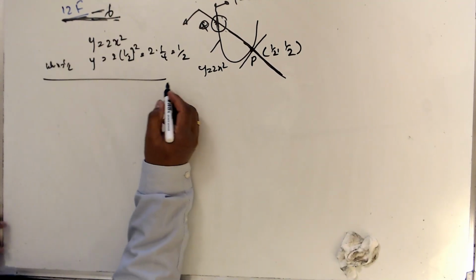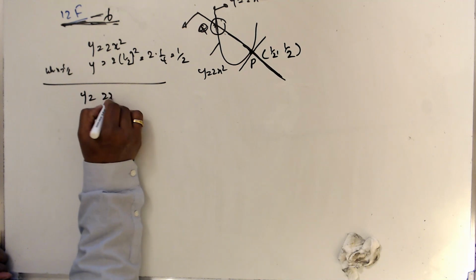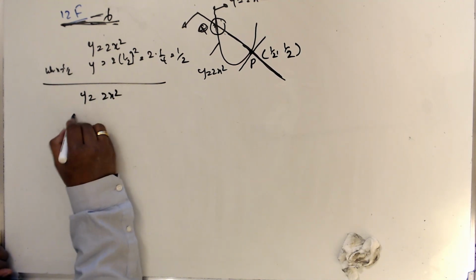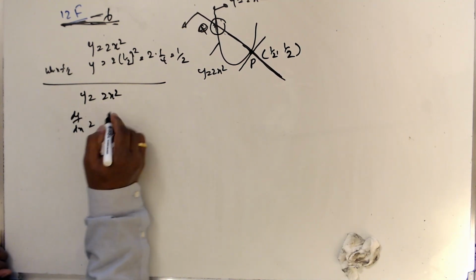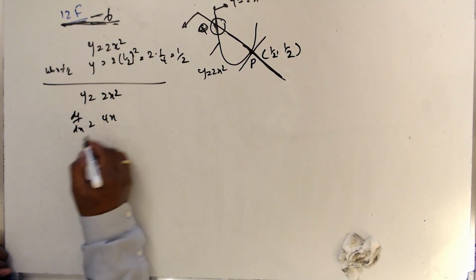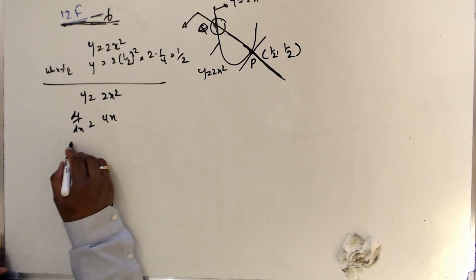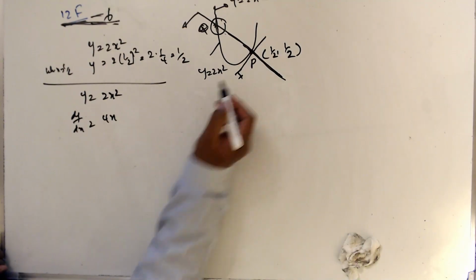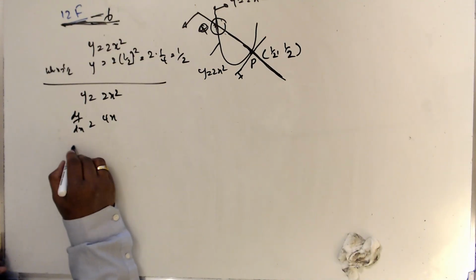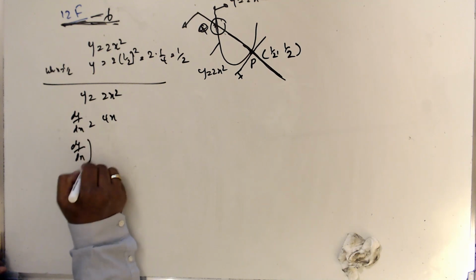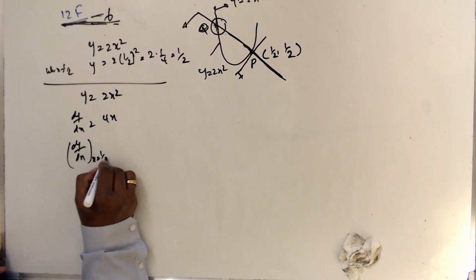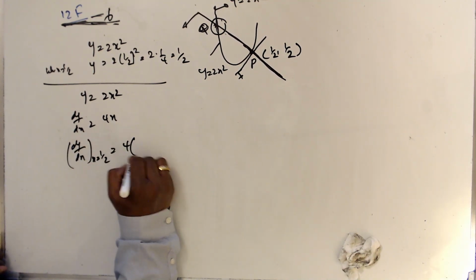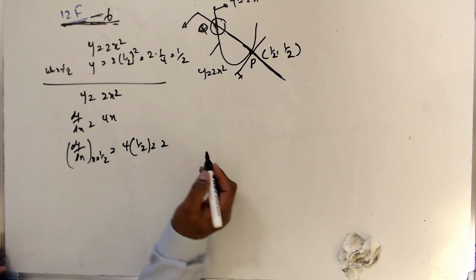So first of all, differentiation: y equals 2x squared, so dy over dx is 4x. Now the tangent gradient: dy over dx at x equals half, so 4 times half, which is 2.